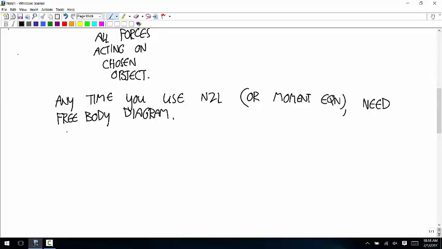The idea of that is that it gives you a list of all the forces that are going to appear on the left side of Newton's second law. All the loads that are going to appear in Newton's laws.